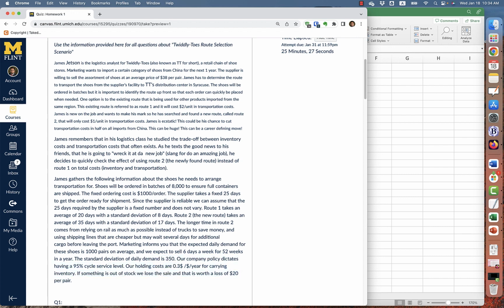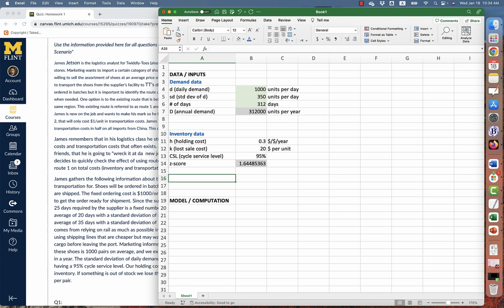Now let's look at the transportation data. Okay, we also have it given right here. So now when we build this model, let's just build it for route 1 first, and then we can just copy this worksheet over.